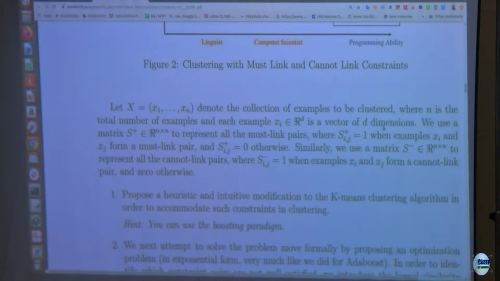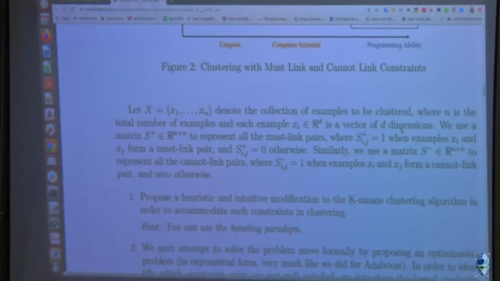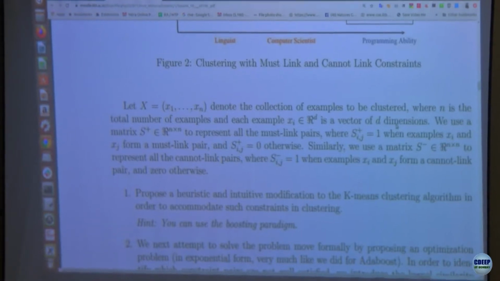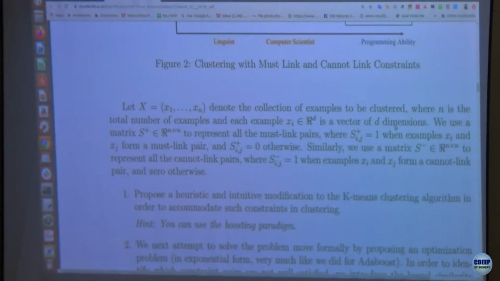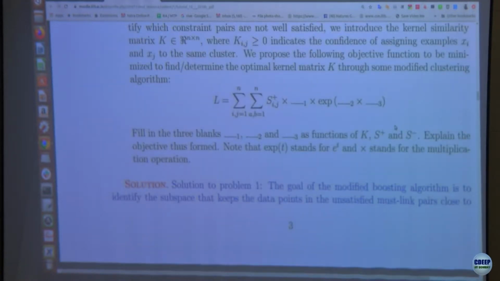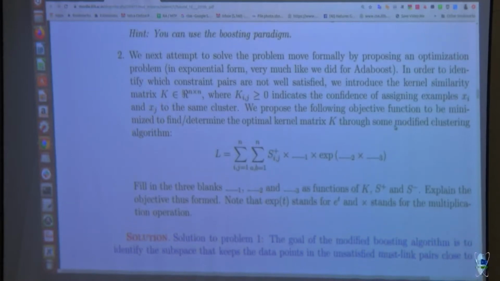I only know a few. In that particular figure I gave only one must-link and one cannot-link constraint. So how do you accommodate such constraints in clustering? And the hint is you can use a boosting paradigm. Okay, so what would you do? And then the next part of the problem is you can actually do it more formally using AdaBoost, in exponential form again.